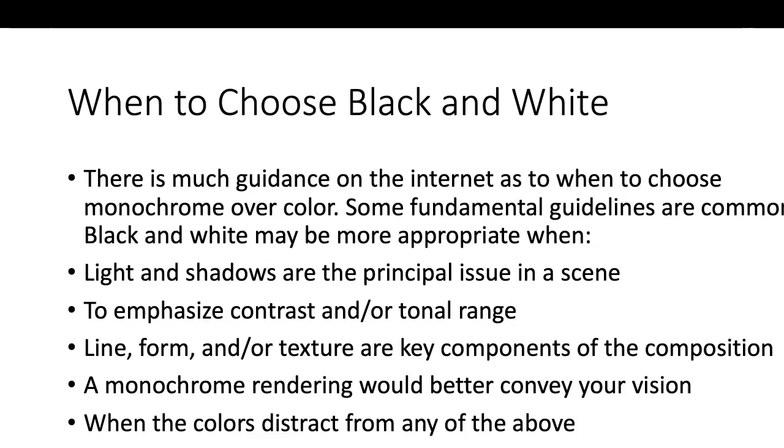Black and white may be the solution to that. And then following right on that is when the colors distract from any of the above things. Colors are wonderful, but sometimes they hide things like lines and forms and so on, and black and white will let you do that better.